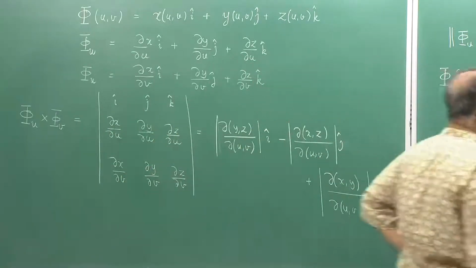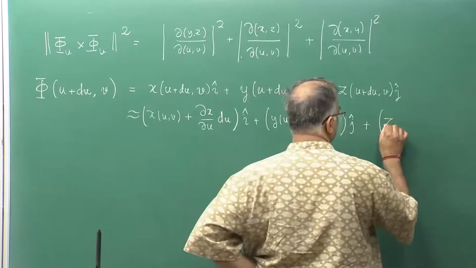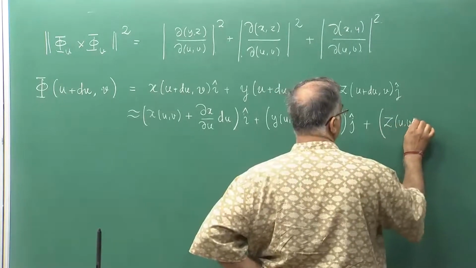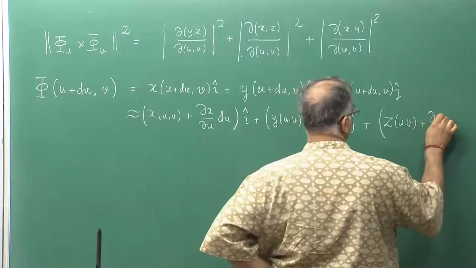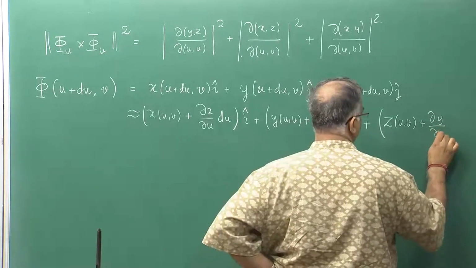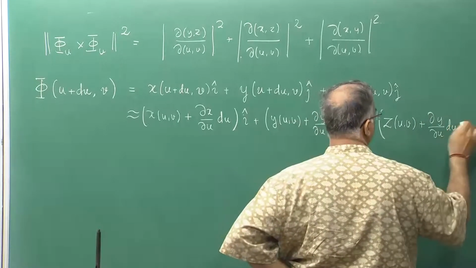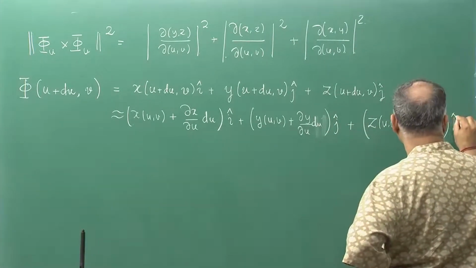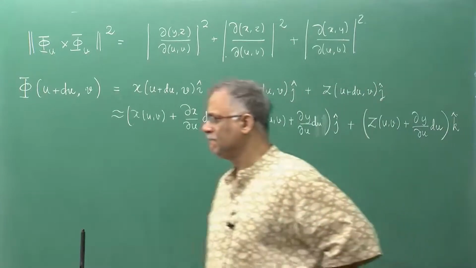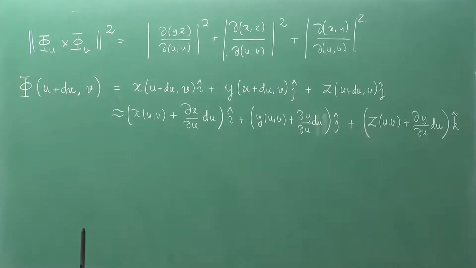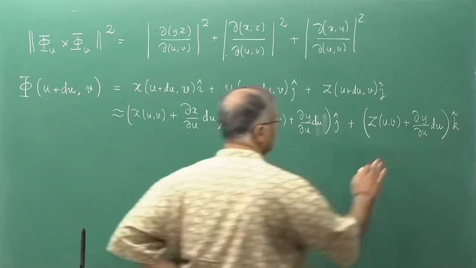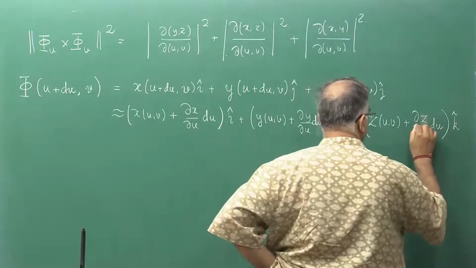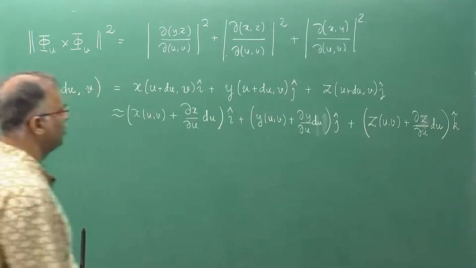So z of u v plus del z del u. I am sure if people were here they would have corrected.